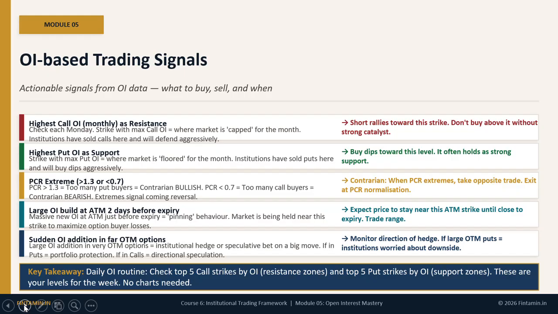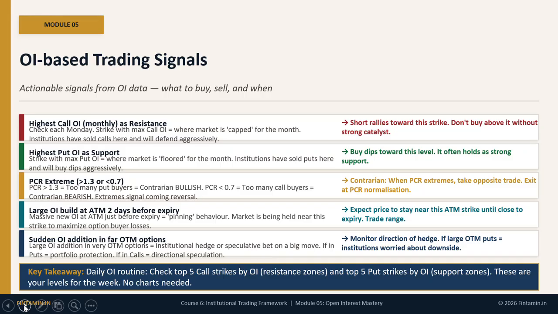Signal number 5 is rollover data. Market-wide Nifty futures roll over above 75% with positive basis going into next month's expiry equals institutional consensus bullish. Below 60% equals uncertainty. Track this around the 28th to 25th of each month.